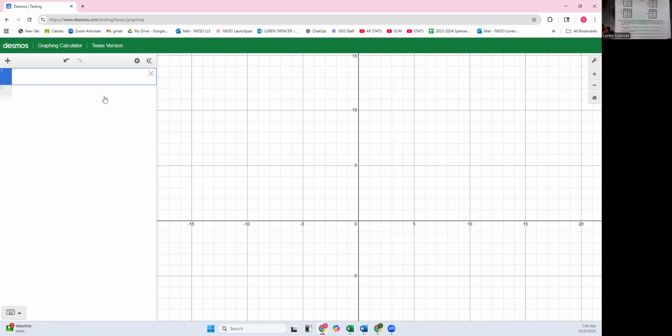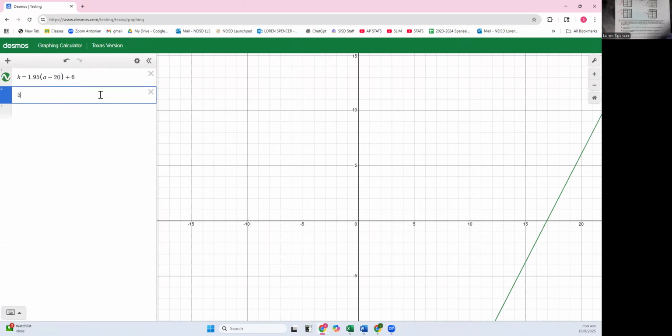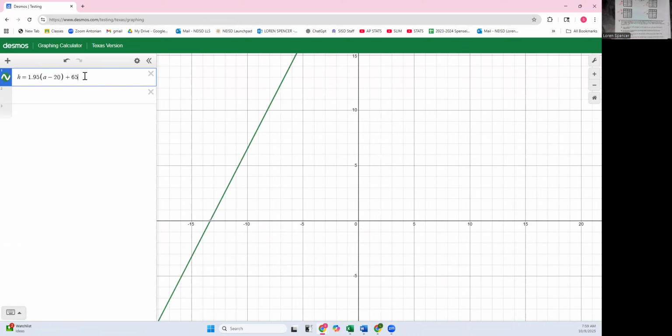And I have the equation H equals 1.95, which looks like that's going to be my slope, A minus 20 plus 65. All right. So we'll plug in 20 first. 65. What happens if I change that to 21? How much does it change by? Oh, it changed by 1.9 feet.